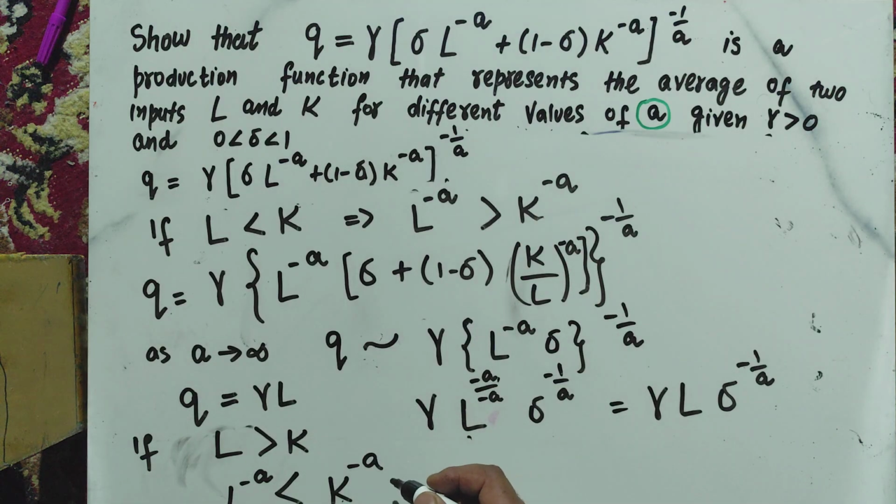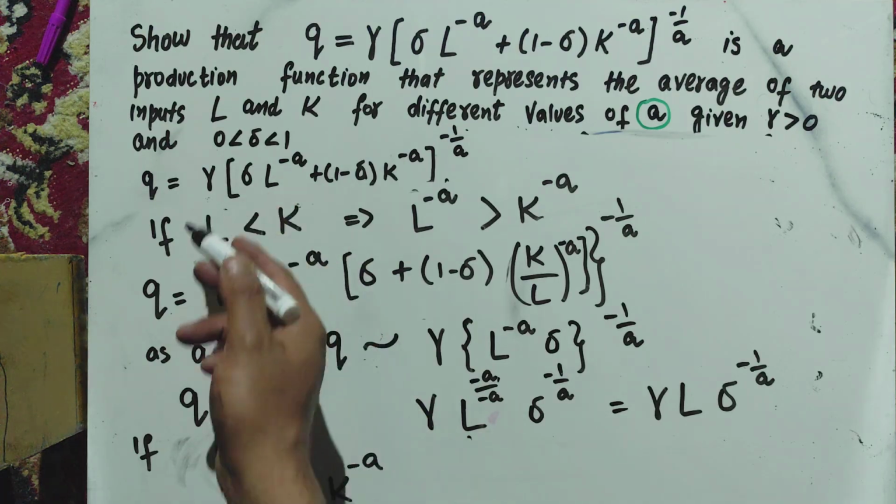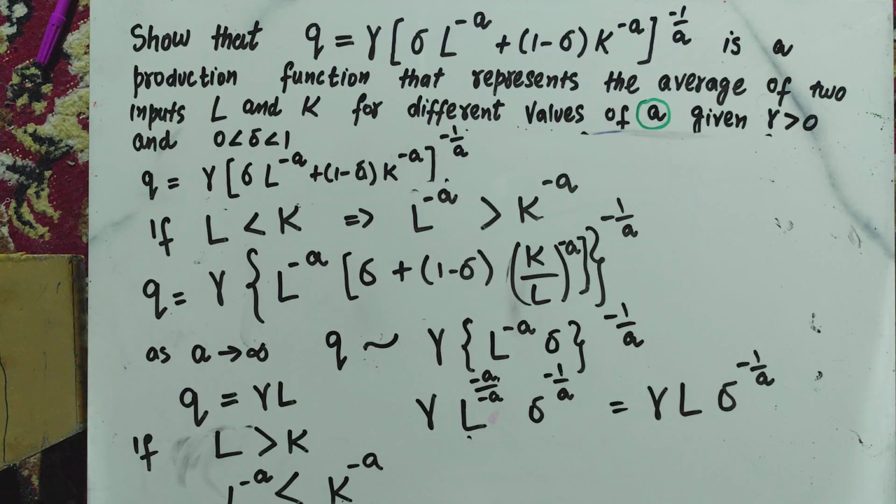If we go through this whole process, similarly we will get Q is equal to gamma K as a approaches infinity.